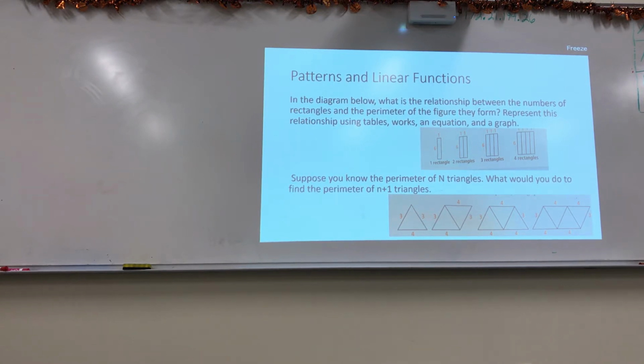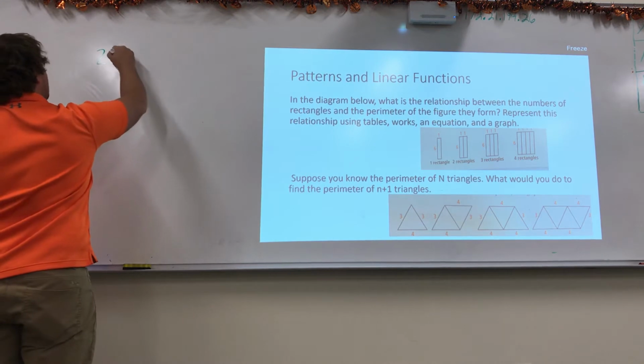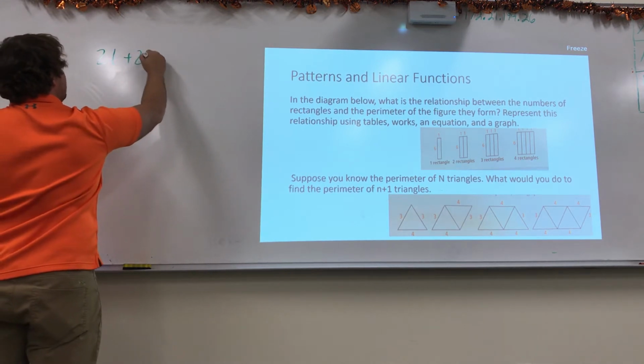So, perimeter. Okay, our formula for perimeter is 2L plus 2W.